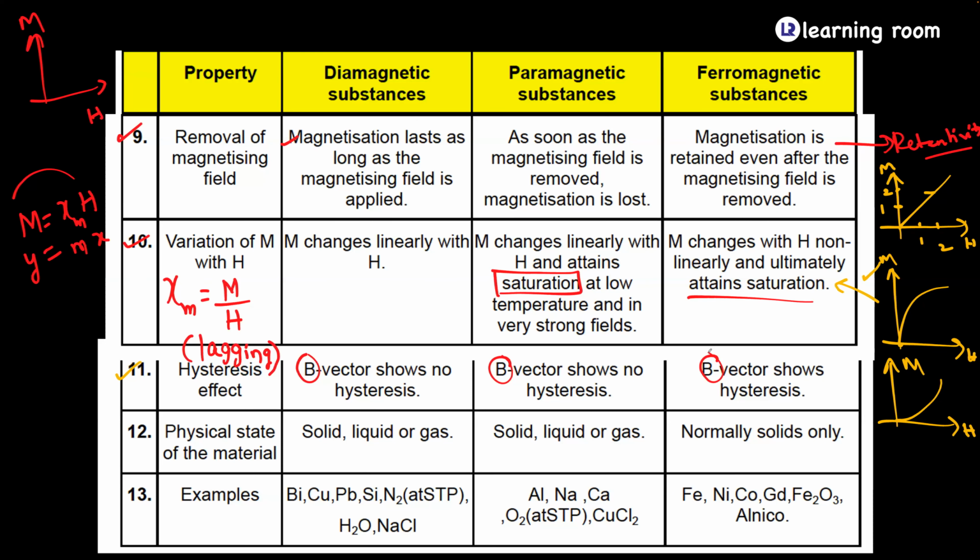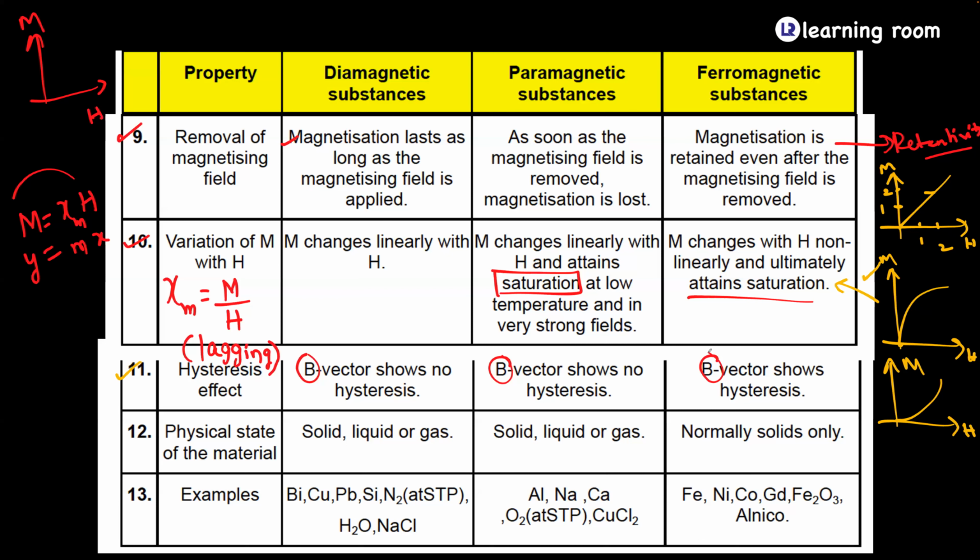If you try to draw a graph, the graph will never be linear, it will be completely curved. So that lagging between the process of magnetization and demagnetization is what is called the hysteresis effect. And that hysteresis effect is seen only for ferromagnetic substances.